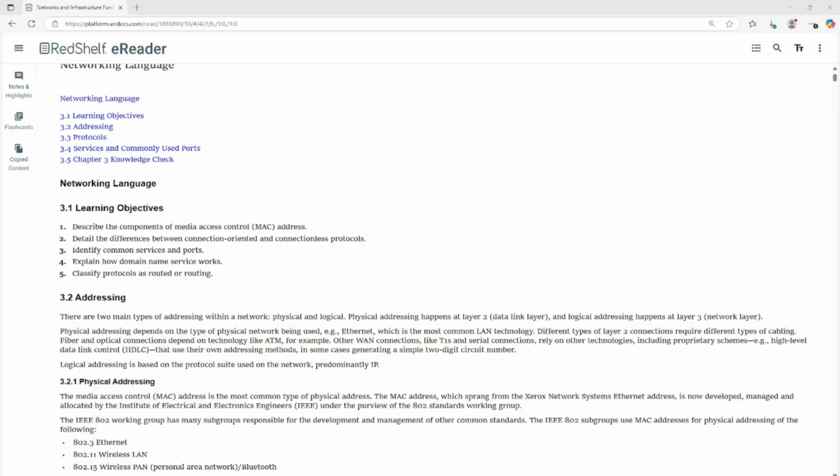So our focus is to understand the components of the MAC address. However, keep in mind that the MAC address is managed and allocated by the Institute of Electrical and Electronics Engineers under the purview of the 802 Standards Working Group.